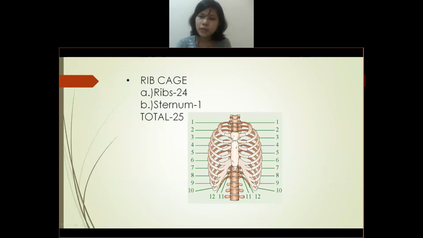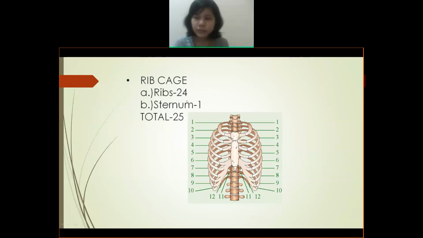All together it is known as rib cage, but if you count all this one by one, it is known as ribs, R-I-B.